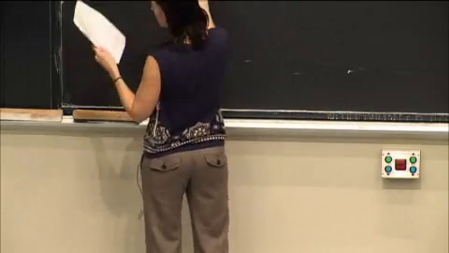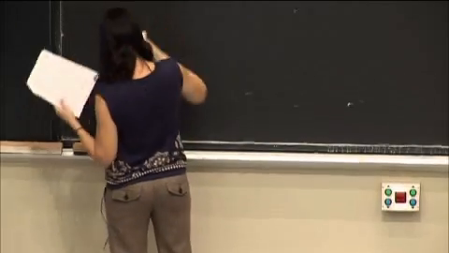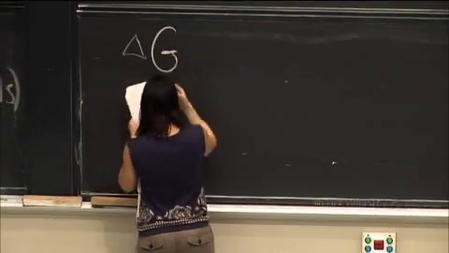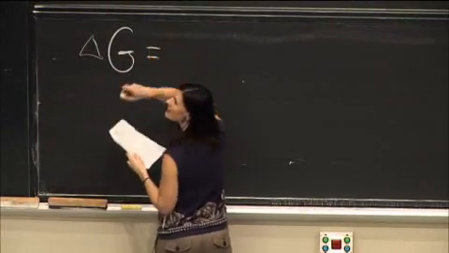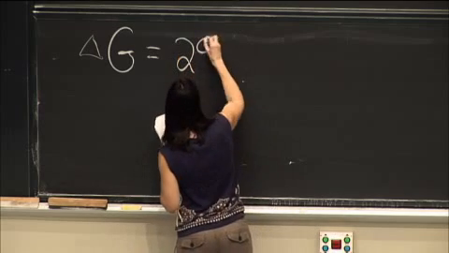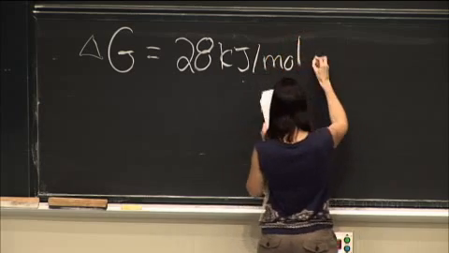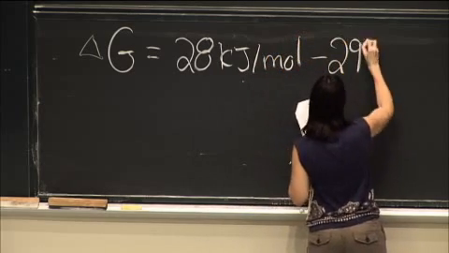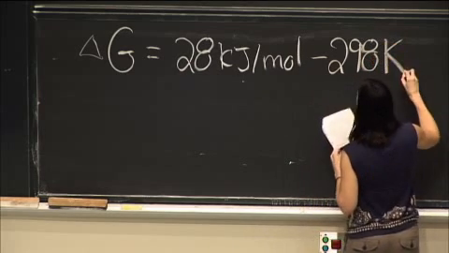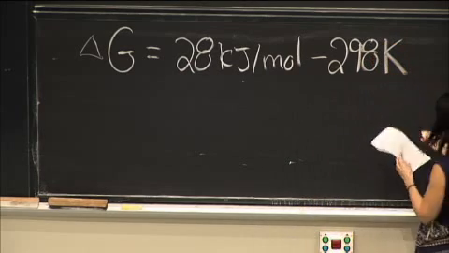So if we're talking about room temperature here, we're going to say that delta G, in this case, is going to be equal to 28 kilojoules per mole minus, we're at room temperature, 298 Kelvin. In this reaction, you always put temperature into Kelvin.